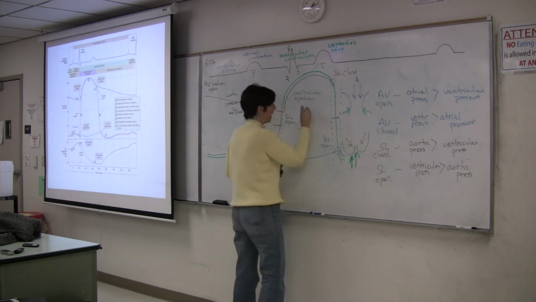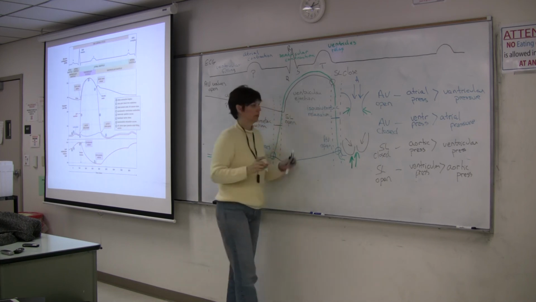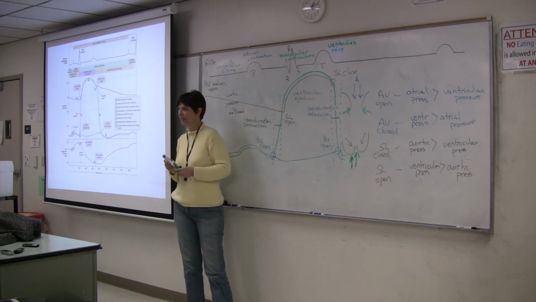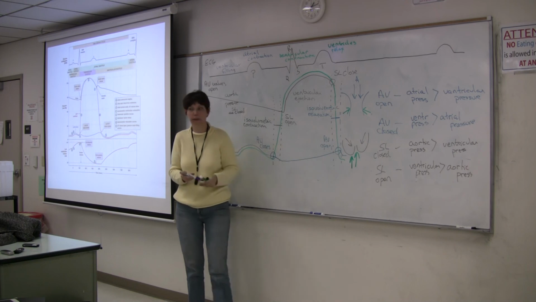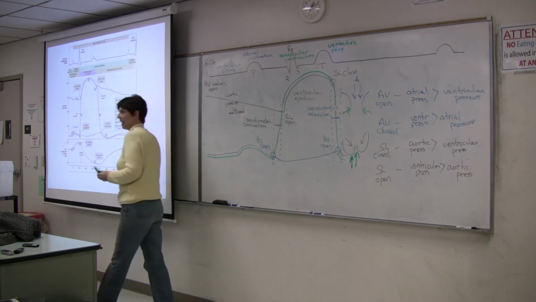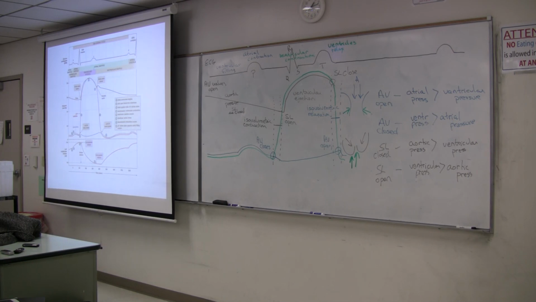So this is isovolumetric relaxation. Both sets of valves are closed, because the semilunar valves will close before the AV valves open. Now the AV valves are open, and we start ventricular filling all over again. That's your cardiac cycle.